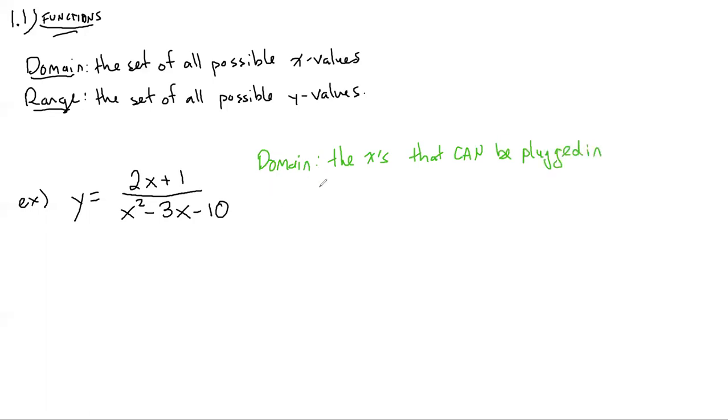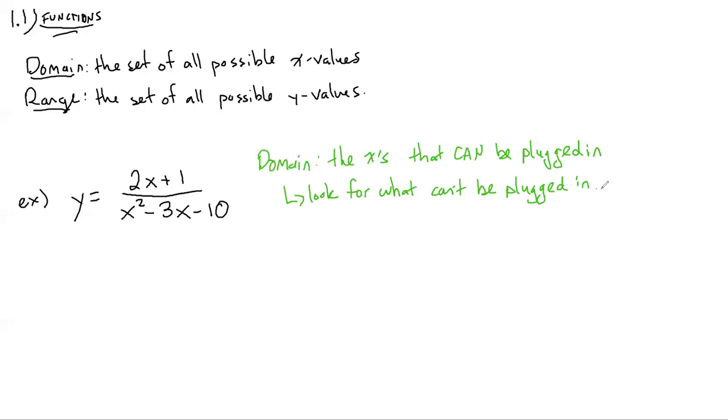And the way we're going to find them is by sort of canceling out the things that can't be plugged in. So at least with some of the algebraic expressions we're familiar with, we do know that there's certain things we can't plug into certain operations.